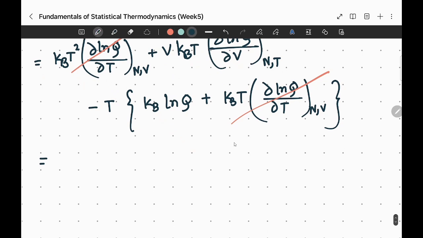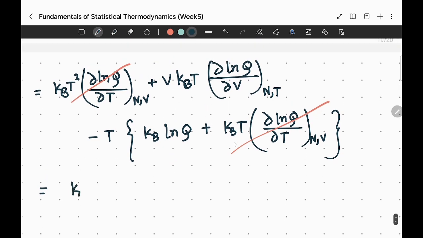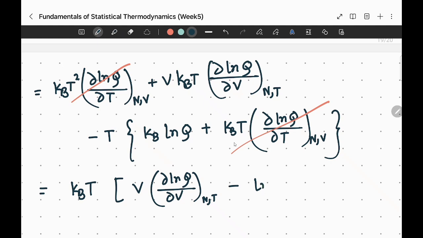The left part is, you can take kBT common, then it will be V del ln Q del V minus ln Q. So this is our Gibbs energy.